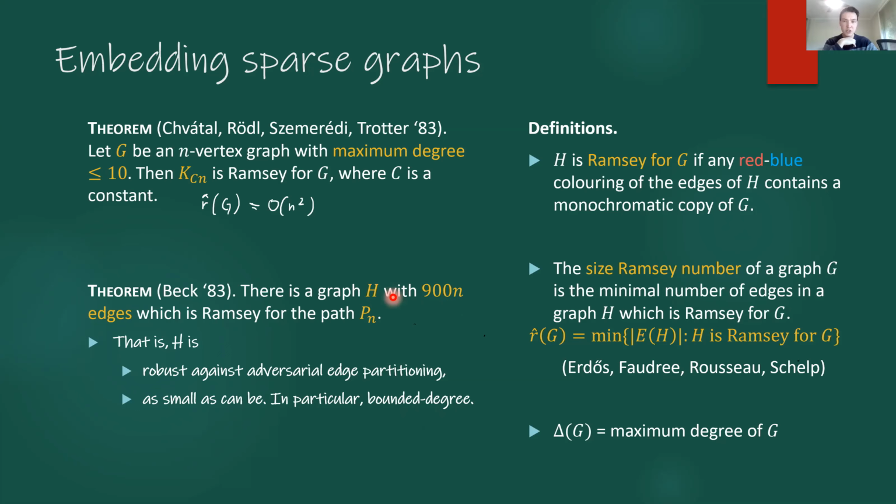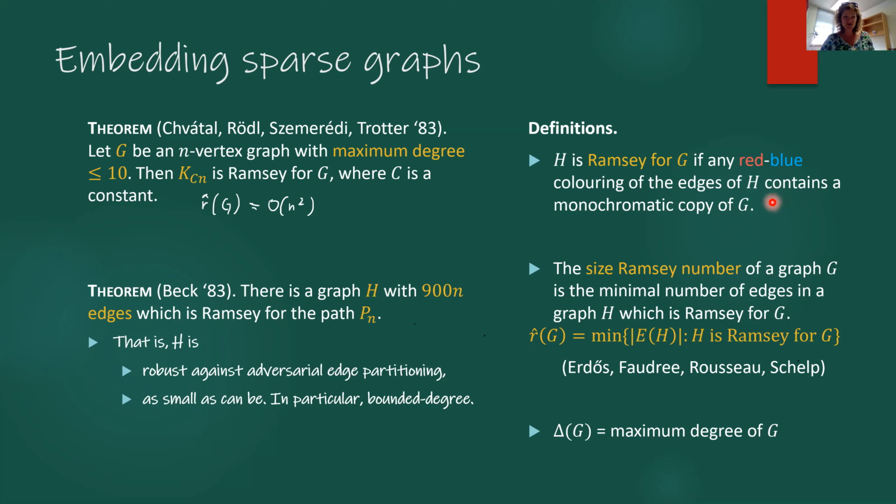Okay. Just a question regarding that robustness. Sorry, is that the same as saying every 4 coloring of the graph has a long monochromatic path? Almost. So every 2 coloring. So why did you think it's a 4 coloring? So you said with it being adversarial edge partition, because I thought you did a 2 coloring and then you did a 2 coloring again.